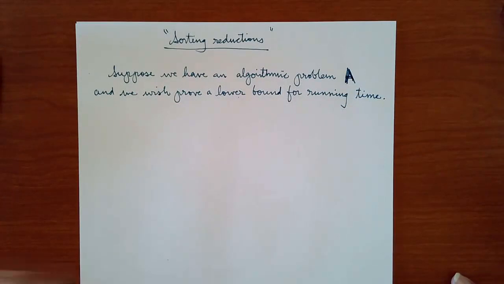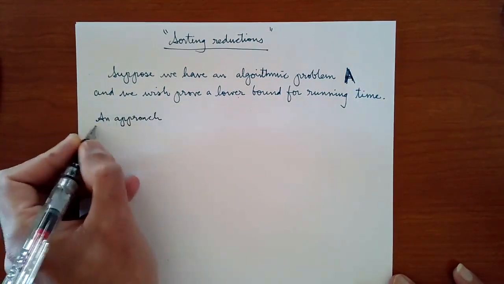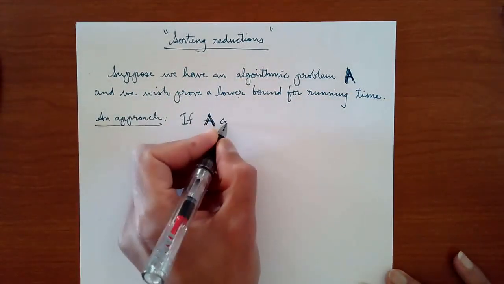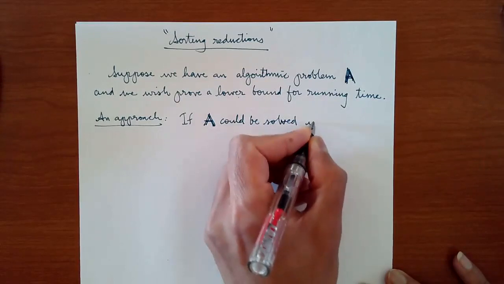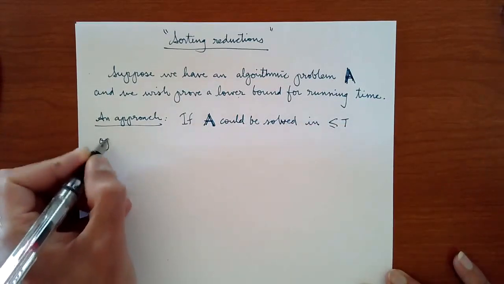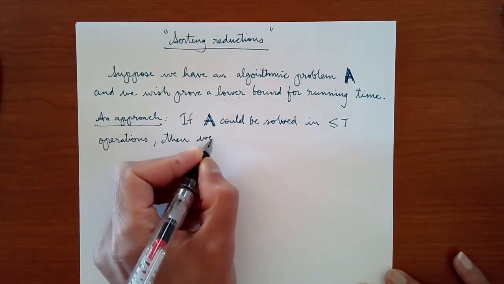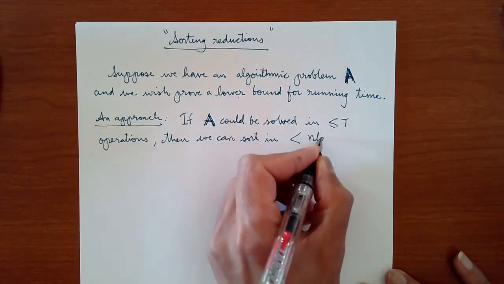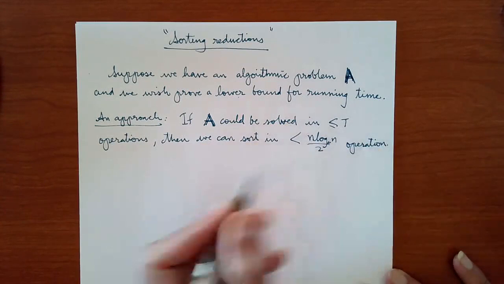Now that we've done all the effort for sorting, an approach is to say, if A could be solved in less than t operations, then we can sort in, say, less than n log n operations. Suppose you prove this.